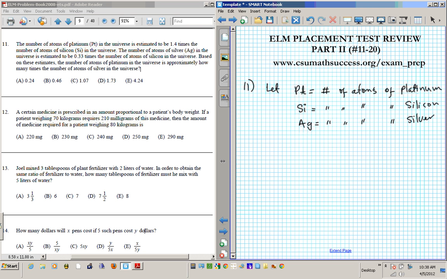Okay? Remember, whenever you see the word "is," it basically means equal. Don't forget, anytime you see "is" and you want to generate an equation, "is" basically means equal.